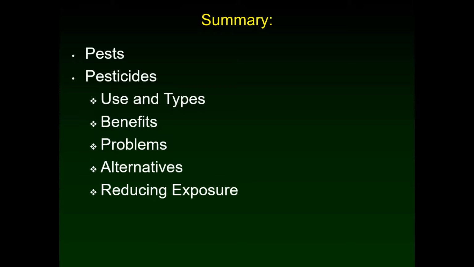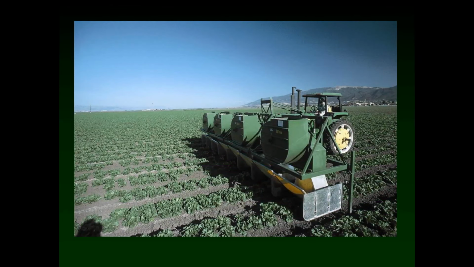So to summarize, we had discussed pests, the different kinds, and what actually is a pest. We talked about pesticides, the use and types, benefits, the problems associated with it, some alternatives, how to reduce exposure, and regulating use. The big takeaway from this is integrated pest management. How can we use different forms of pest control to control pests?